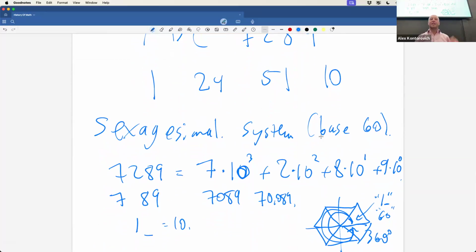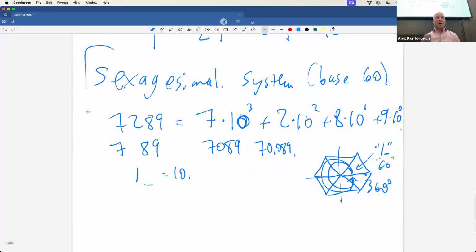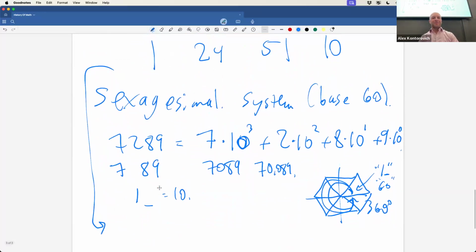That's kind of weird. Okay, so let's say you're a historian of the Babylonian tradition, and you already know that. So then you see these numbers, 1, 24, 51, 10, and you say, well, they also don't have a decimal point. So maybe 1 represents really, truly 1. What does that 24 represent? If I had a decimal point, if this was 0.3, what would that mean?